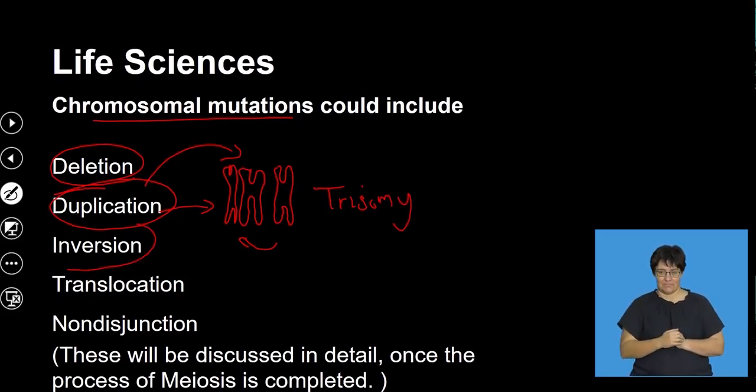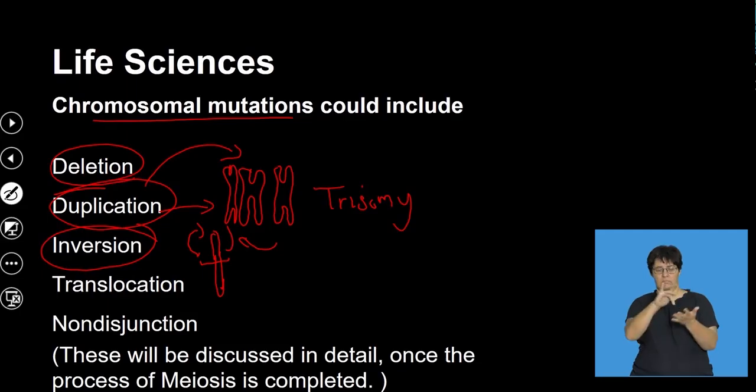We sometimes see the inversion of a chromosome, which essentially is a segment of a chromosome, I'm going to use this illustration, breaking away and being inverted or swapped its position around. So we say that there's an inversion or the turning around of a segment of that chromosome.